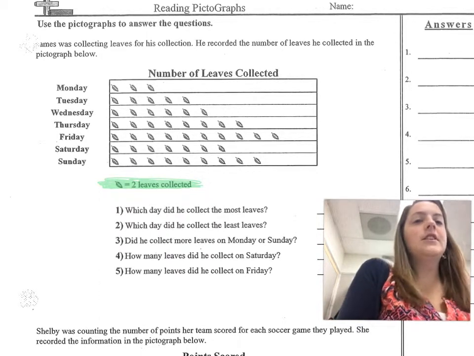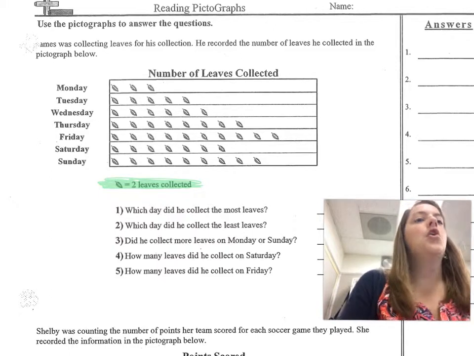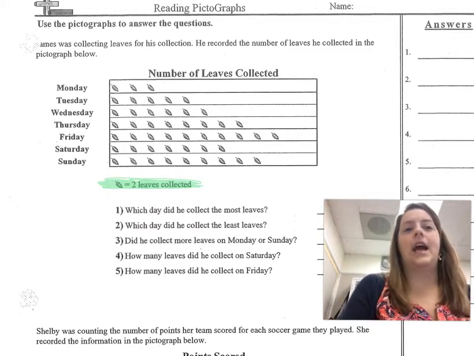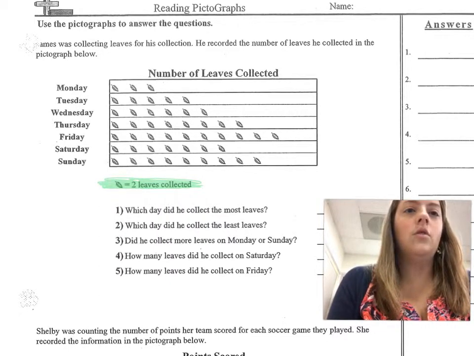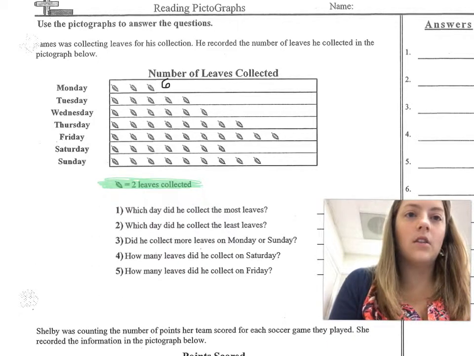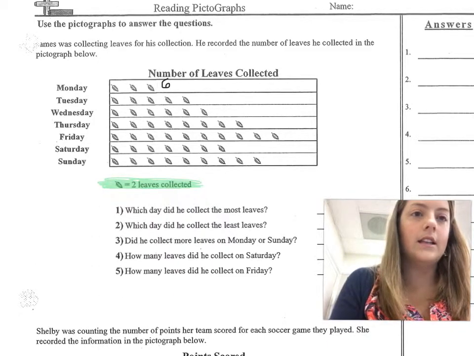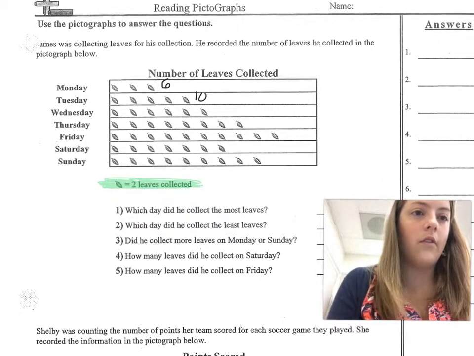Okay? So the first thing you're going to do when you start your pictograph is go through and write on the side exactly how many for each one, just like we did on the bar graph. So start on Monday. 2, 4, 6. 2, 4, 6, 8, 10. 2, 4, 6, 8, 10, 12.